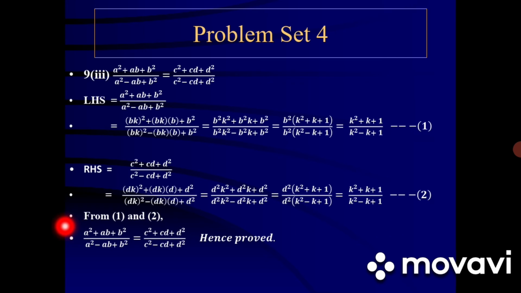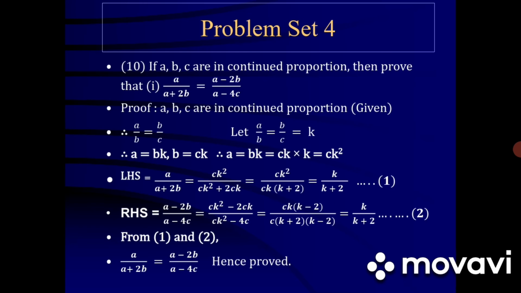From 1 and 2, we get a square plus ab plus b square upon a square minus ab plus b square is equal to c square plus cd plus d square upon c square minus cd plus d square. Hence proved.